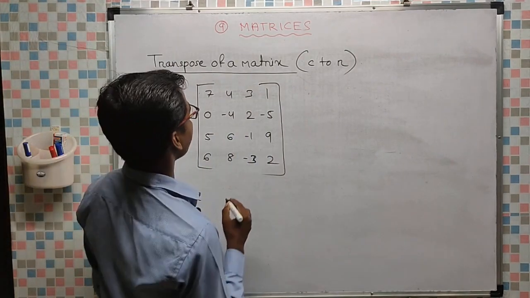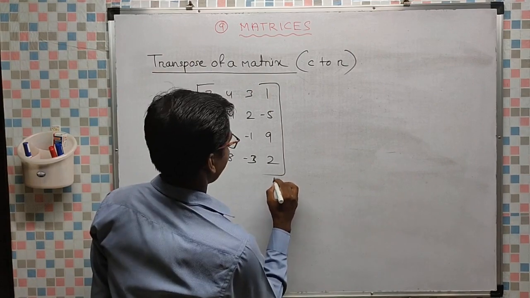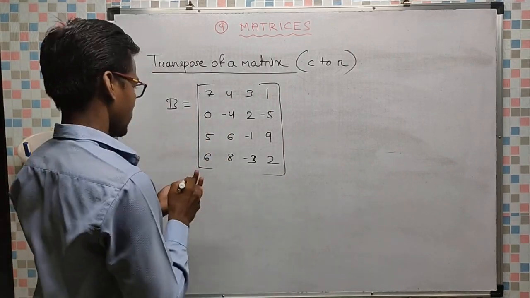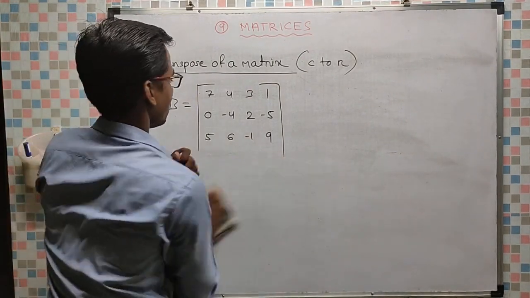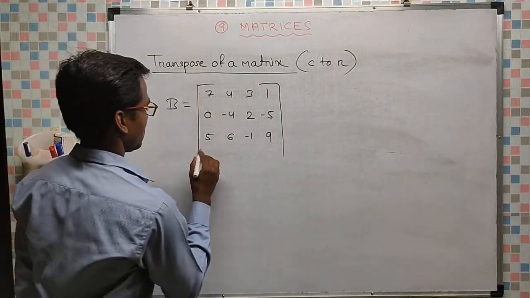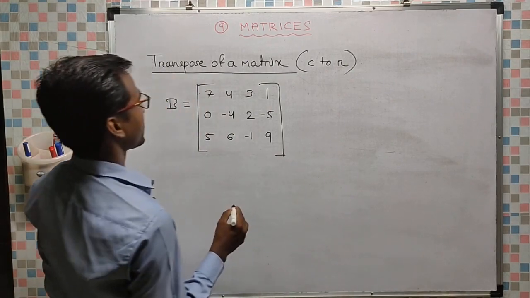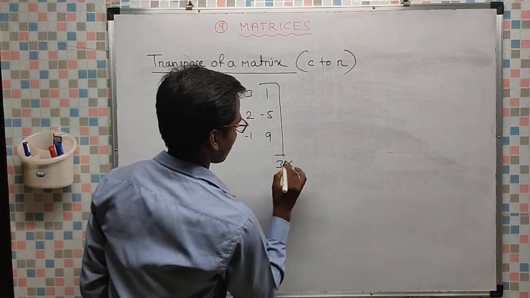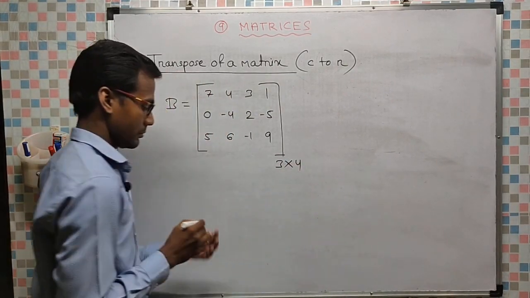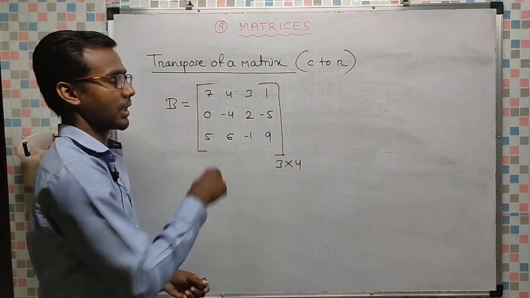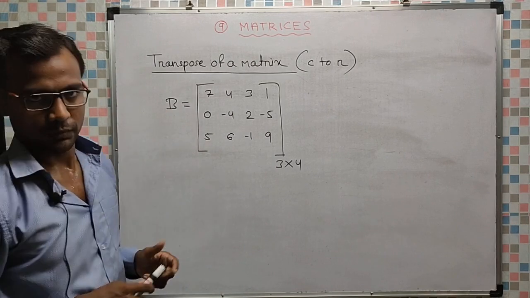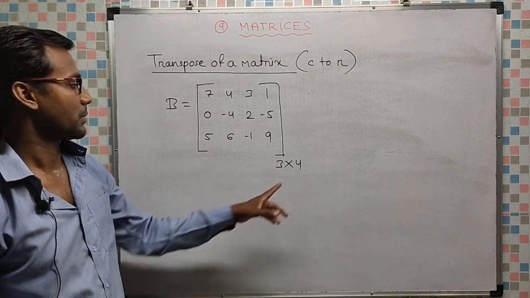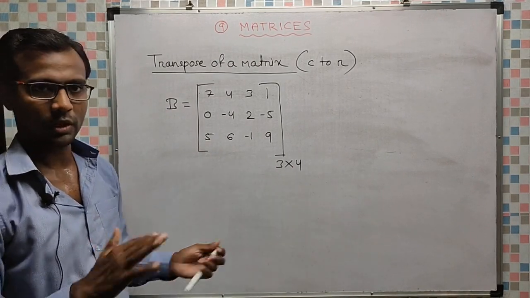Okay, its order is 3 row 4 column, 3 by 4. Okay, you can see that there are 3 rows, there are 4 columns. The order of its transpose will be 4 by 3. Okay, we know there will be exchange.